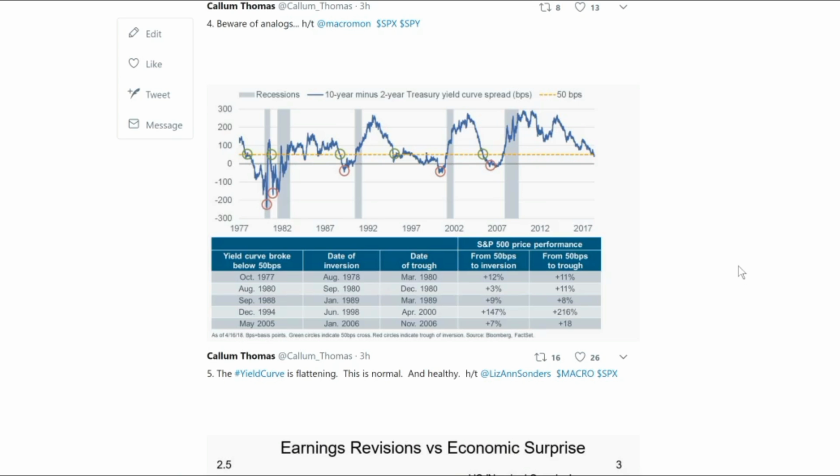And moving on to the next one, this is a picture of the yield curve. It's the 10-year minus 2-year Treasury yield, and this has become a topic of conversation again as the spread has moved below 50 basis points.